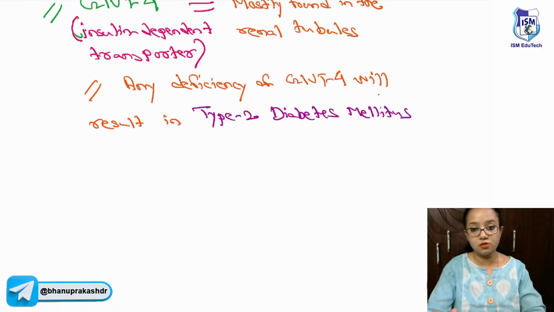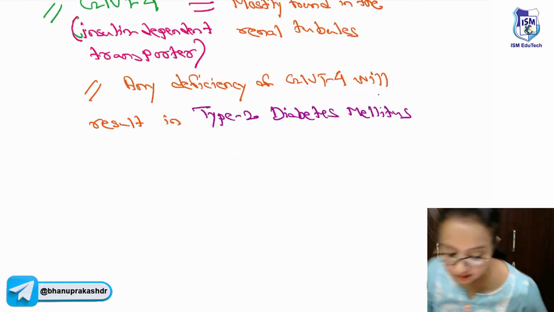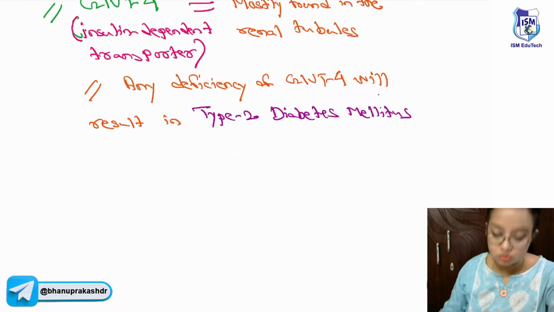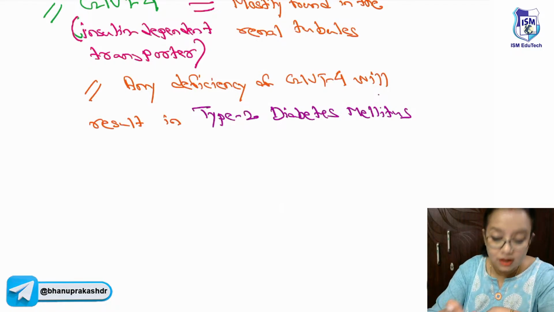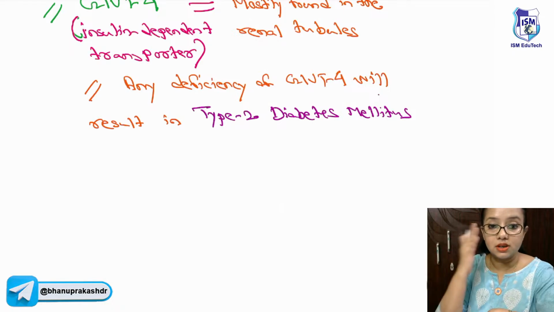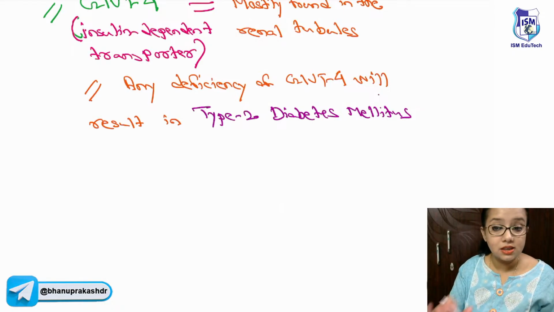These are a few examples. So from this, we can understand how important each and every one of these glucose transporters is. There are 13 isomers, and all of them are very important, and each results in some clinical condition if not present in the correct structure or in the correct quantity.